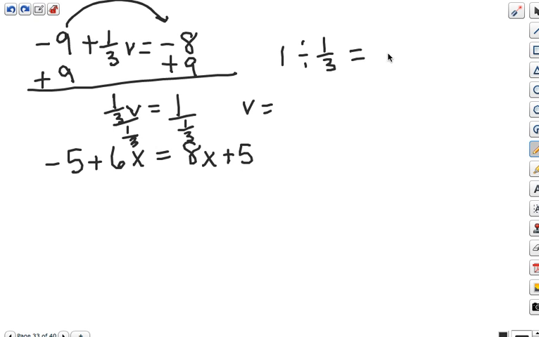Remember, if we're dividing fractions, we're multiplying by the reciprocal, so 1 times 3 over 1. The reciprocal of 1/3 is, we are flipping our numerator and denominator, so it's 3 over 1, and that is going to equal 3. So v equals 3.